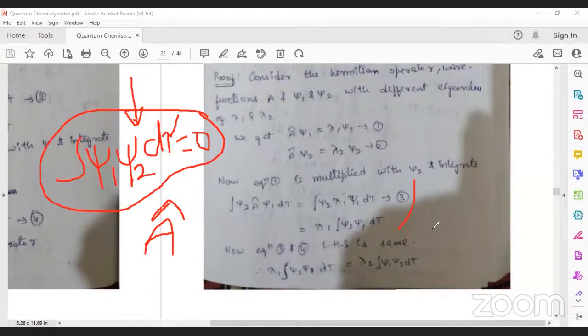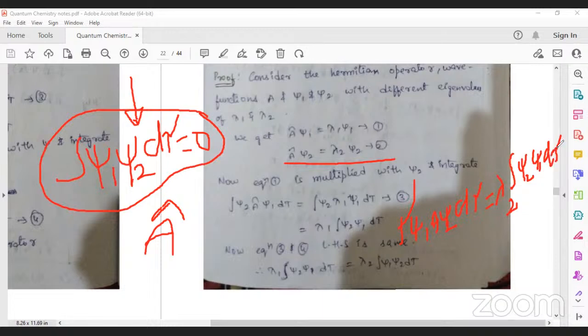Here I will write, just see. The integral of psi 1 A psi 2 d tau is equal to, what will we get? Lambda 2 will be there, kept constant outside, the integral of psi 2 psi 1 d tau.